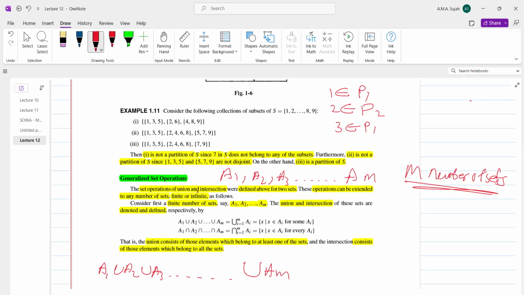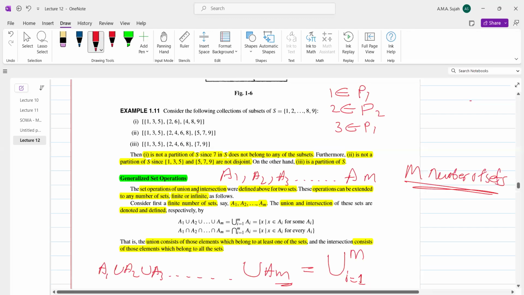So generalized operation means rather than writing this way, we generalize the symbol by using the big union symbol, right? Here, I am writing i equals 1, the starting position 1, and at the top the last set M, right? If I write this way, you need to understand this is equal to, okay, i equals 1 to M, then Ai, right?